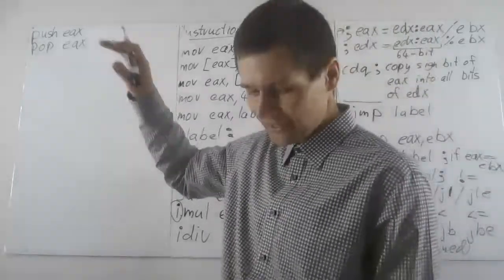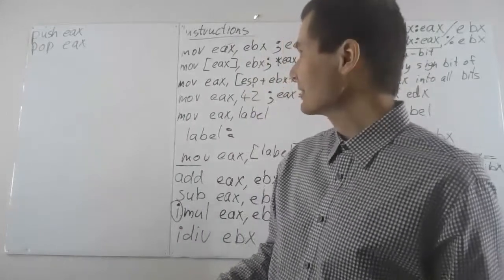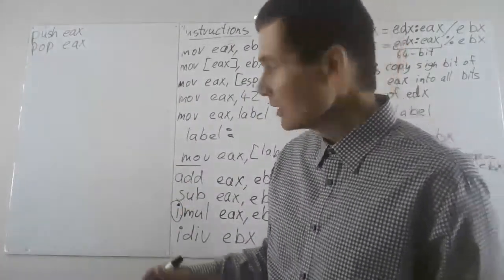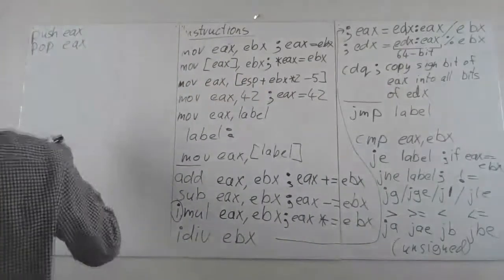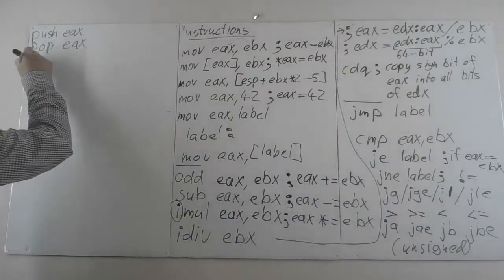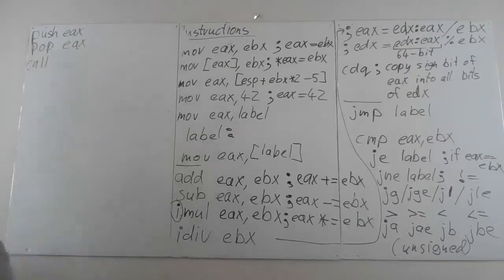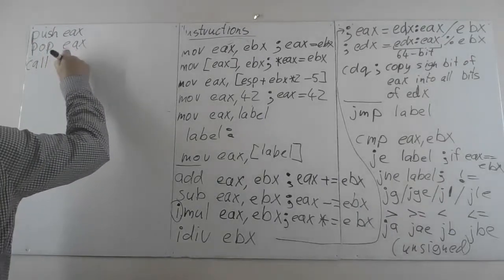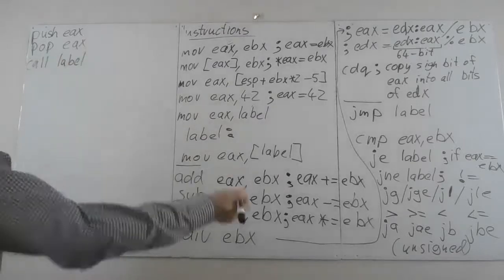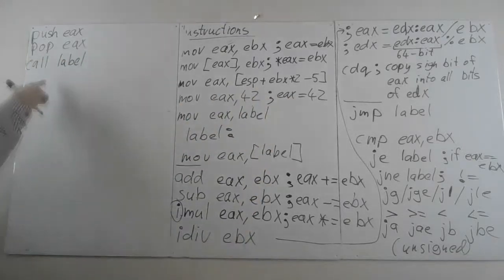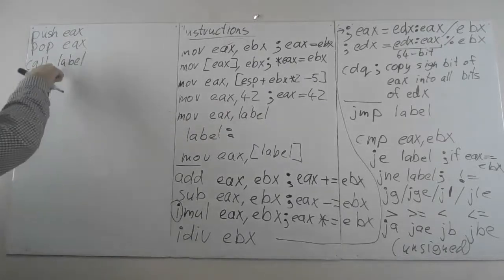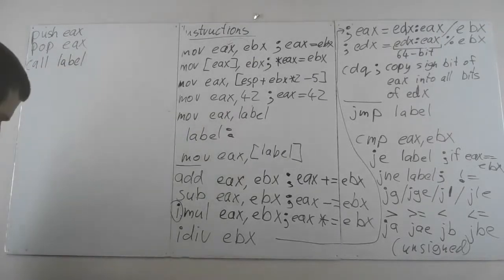Okay, so now that we have a stack, why is it important that the stack is hard-coded? Well, because procedure calls are also hard-coded. So there's a call instruction, and you can use it with a label. Like the jump instruction, it will transfer control to the code at the address that you call.